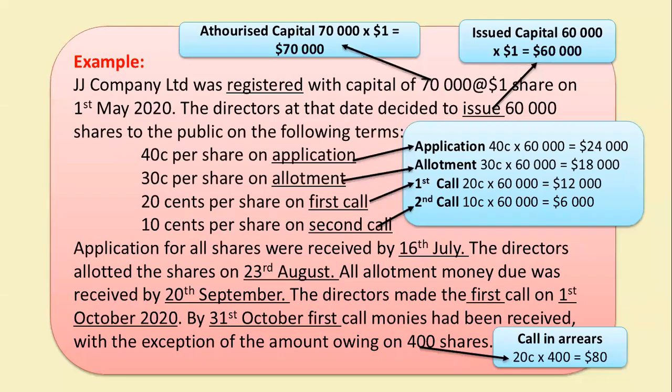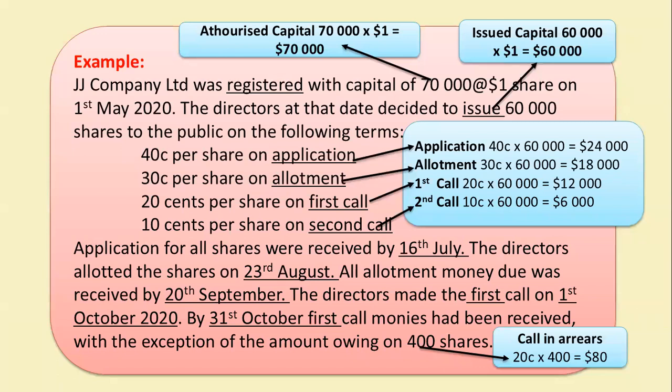So we are going to use the question that we used as an example for lesson 1. In this example, the authorized capital was $70,000 and the issued capital was $60,000. The application due and receipt was $24,000 and the allotment due and receipt was $18,000.